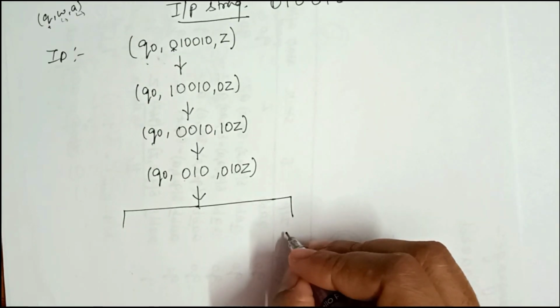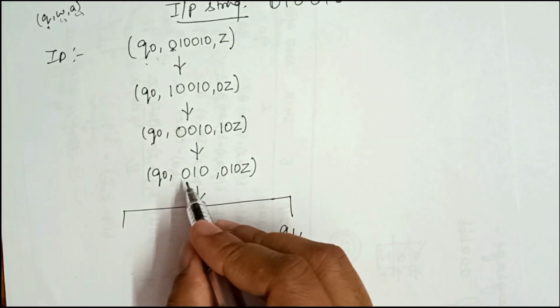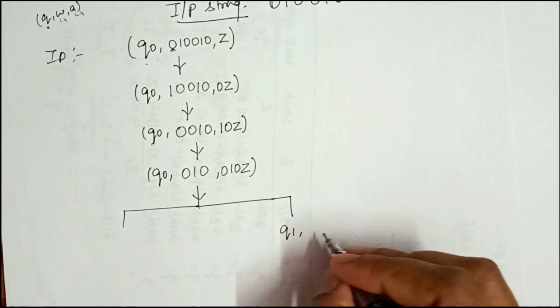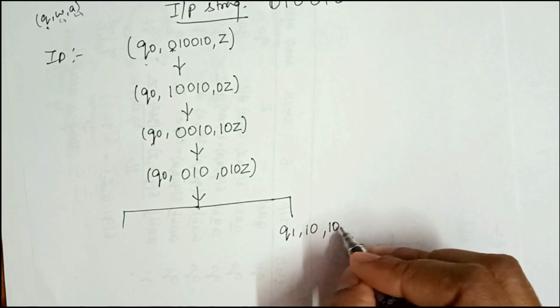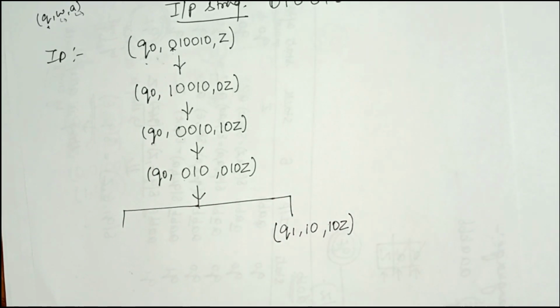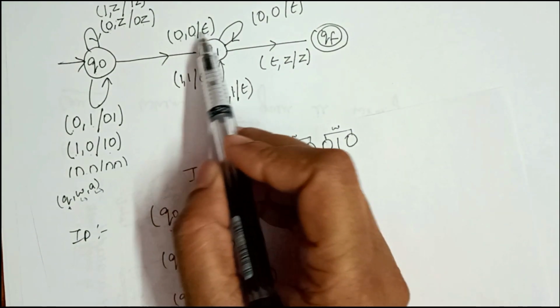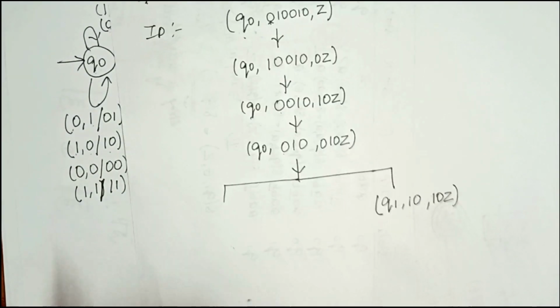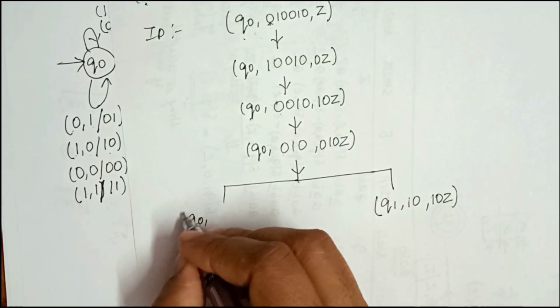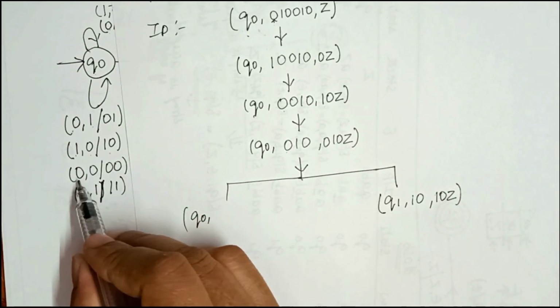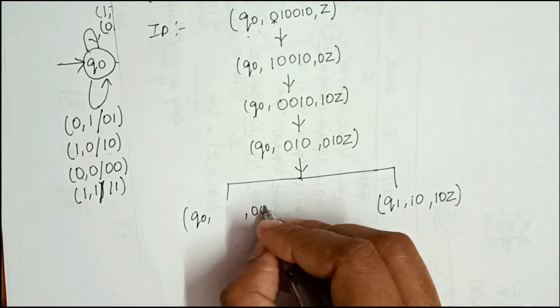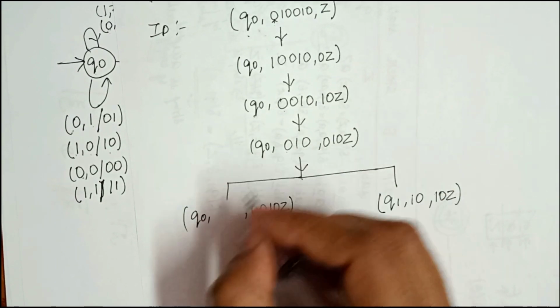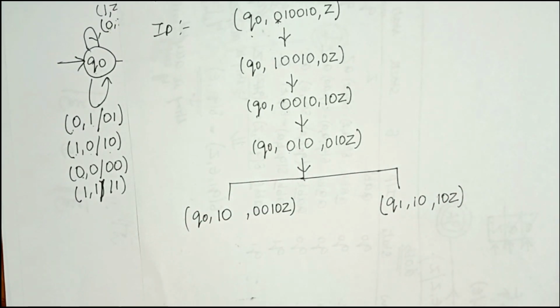So it becomes Q1, we pop this 0 with 0, the remaining input symbol is 0, and the stack will contain only 1 0 Z. For the other transition, it remains Q0, and we push this 0 onto the stack, so the stack contains 0 0 1 0 Z and the input symbol remains 1 0.